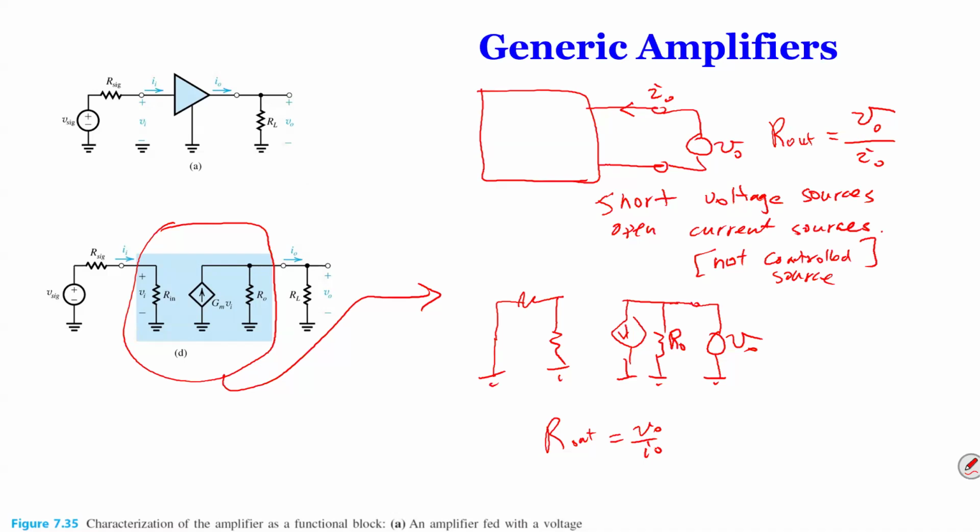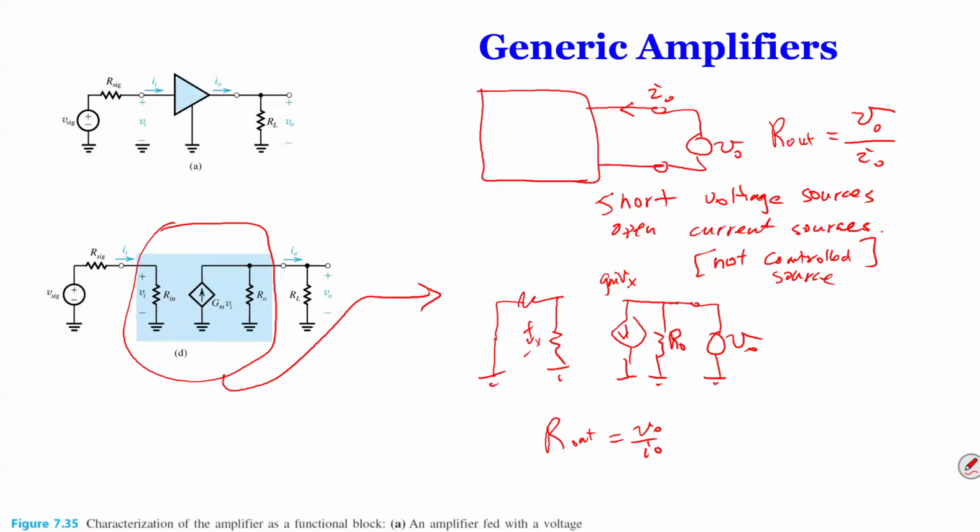How much is the current source? In terms of expression, you would have gm times Vx.